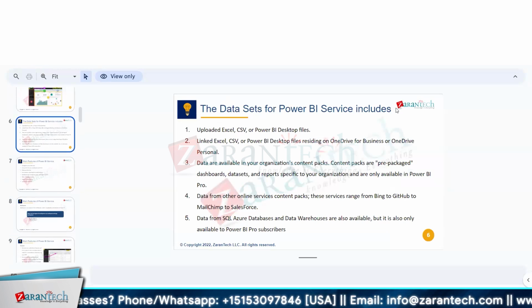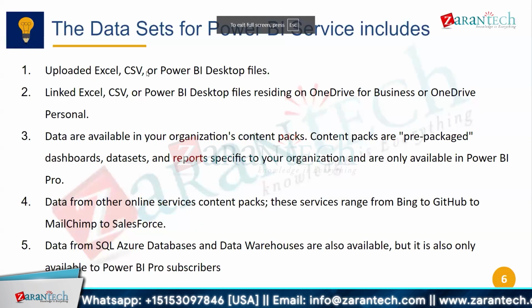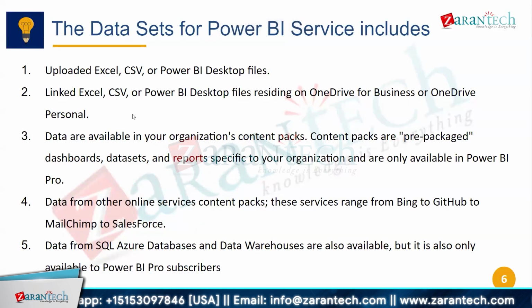What are the data sets that Power BI service provides? So uploaded Excel. So we can upload the Excel file or any linked Excel file or anything. So data available in your organization content or data from online services, data from Azure SQL. All these things you can load. So the data sets for Power BI service.